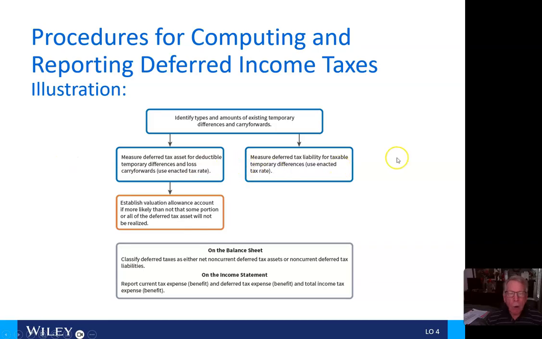And then over here, we'll measure the deferred tax liability for taxable temporary differences using the enacted tax rate. And then we will establish a valuation allowance account if more likely than not that some portion or all of the deferred tax asset will not be realized.